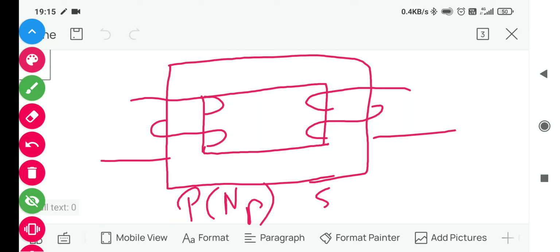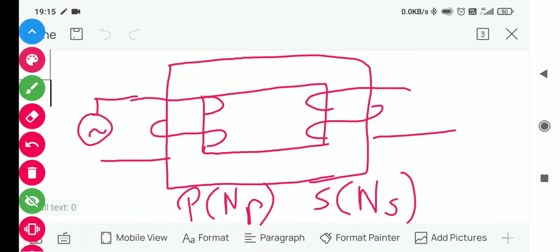This is the secondary with NS number of turns. These are the coils. So we are connecting the AC supply here and then we have the load here. So this is the general way.